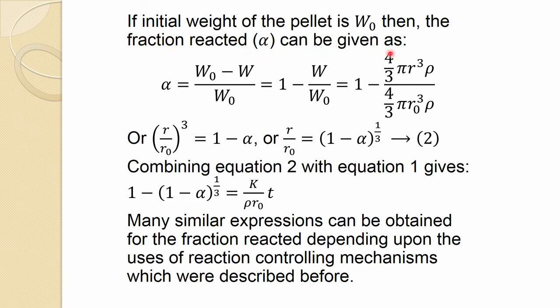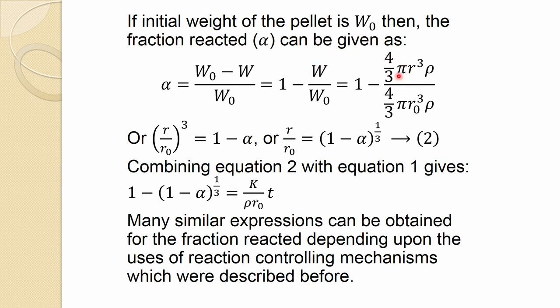So, the initial weight of the pellet minus the weight of the pellet at an intermediate time, divided by W naught, the initial weight of the pellet, gives you the fraction reacted. That is the way you define the fraction reacted, which is nothing but 1 minus W over W naught.